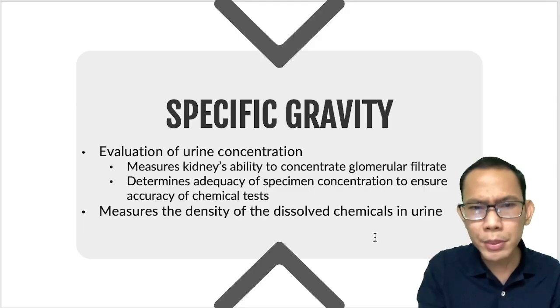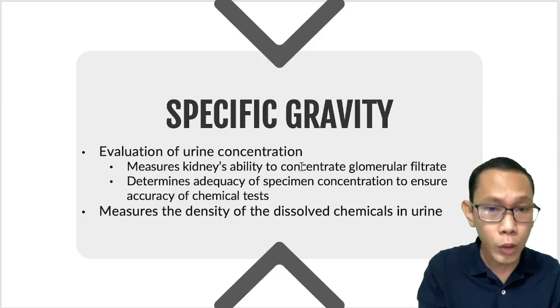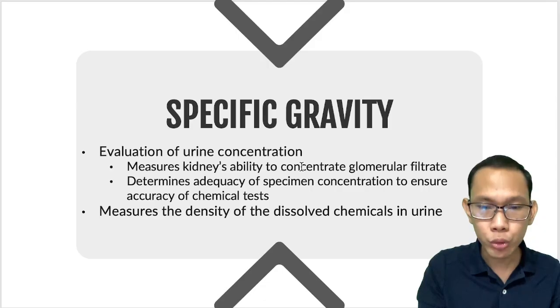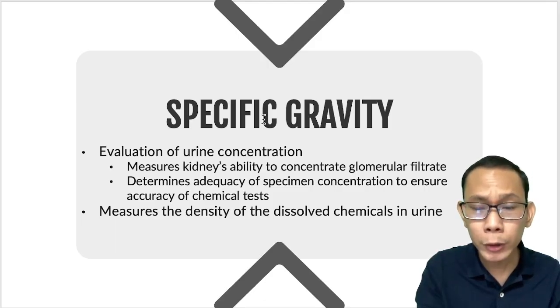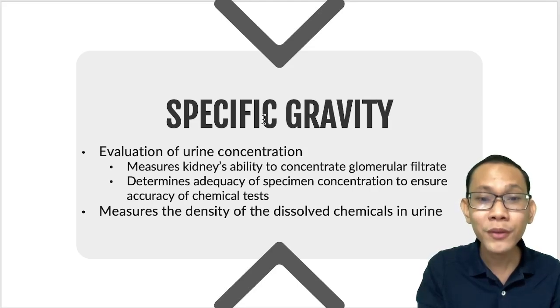So, technically speaking, when we say specific gravity, it is really defined as the density of your solution compared with the density of a similar volume of distilled water with a specific gravity of 1.000 at a similar temperature. Because urine is actually water. So technically speaking, urine natin is water, but then again, it contains your dissolved chemicals.